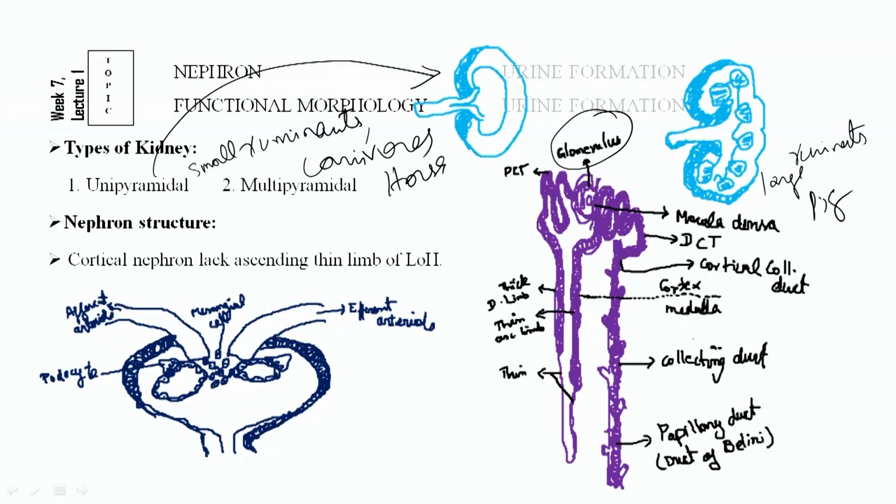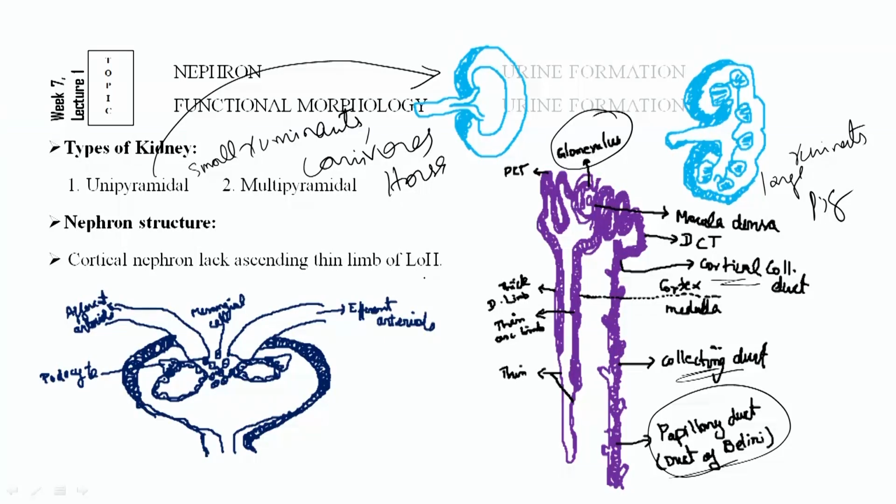The collecting tubule is classified into cortical collecting duct and then medullary collecting duct. And another important structure is that the papillary duct is also called the duct of Bellini. So this is the overview of the nephron structure.